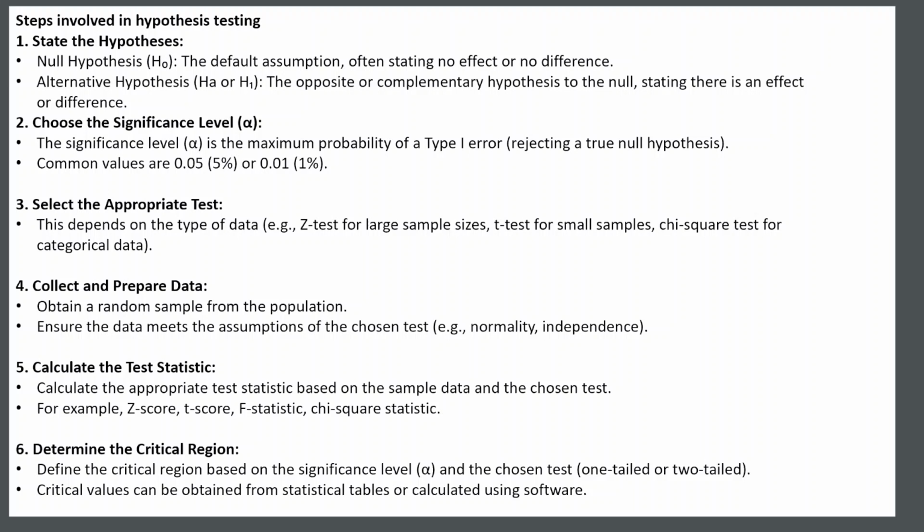If the p-value falls below 0.05 or 0.01, then we reject the true null hypothesis.